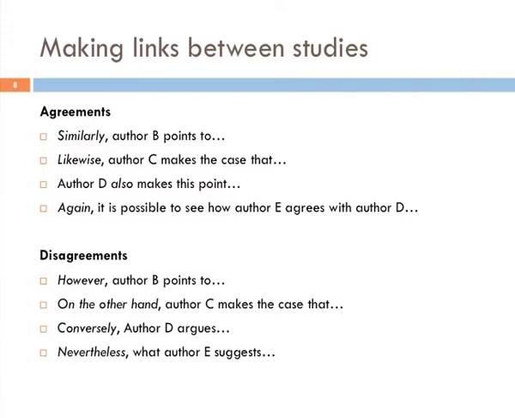So, again it is possible to see how author E, again you give an example, agrees with author D. So, disagreements and agreements are a part of writing the review of literature, and we need not worry that if we disagree, our research will be disqualified.